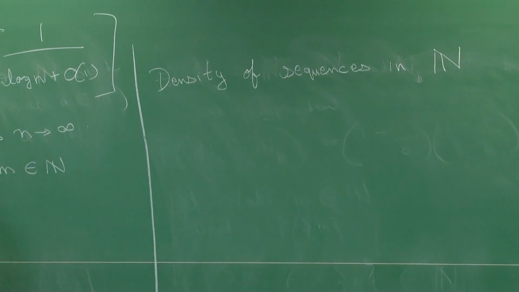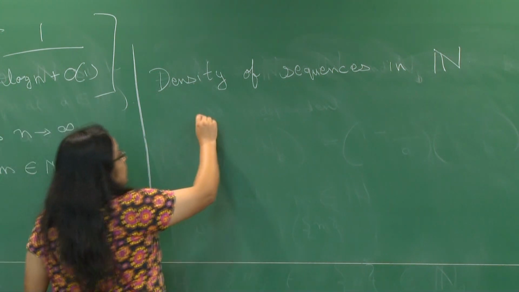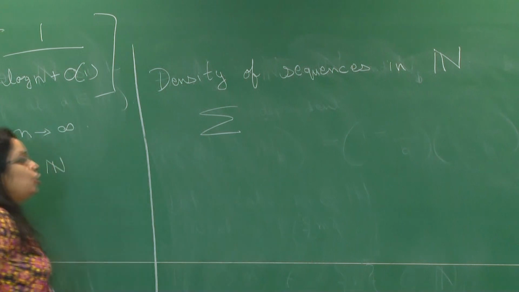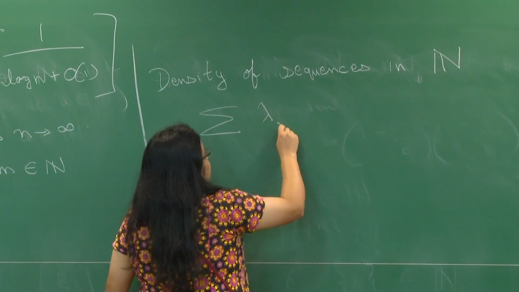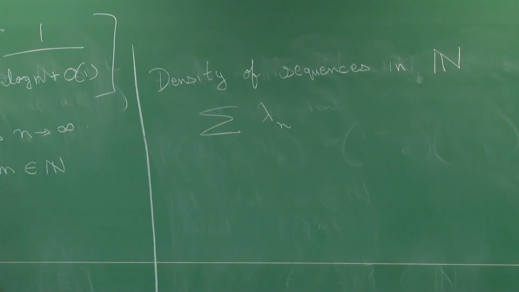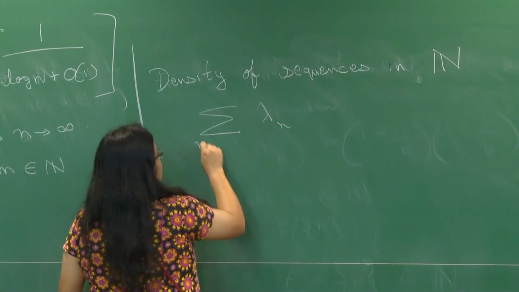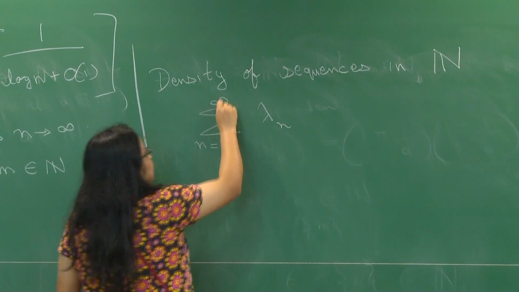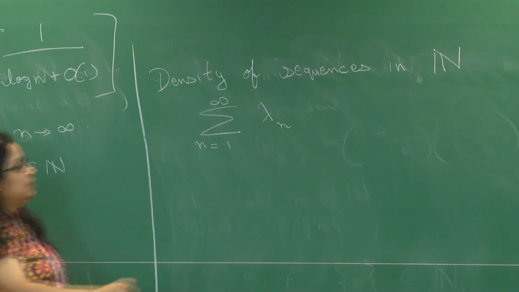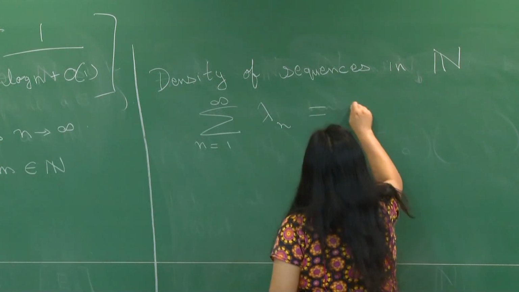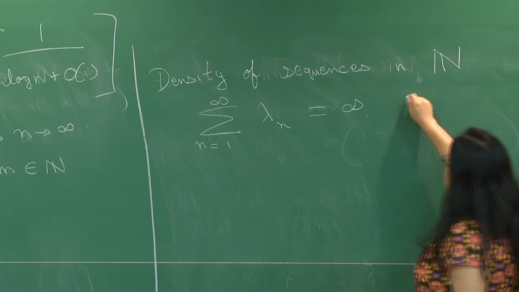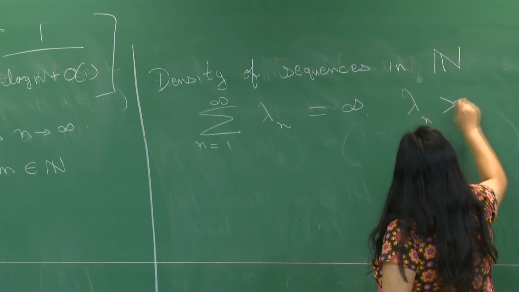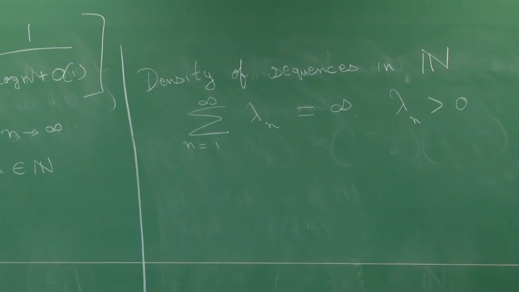What we do is we start with a sum of non-negative real numbers. In fact, let us take positive numbers in such a way that this sum diverges. I am not going to take a finite sum, and each lambda sub n, let us say, is greater than 0.